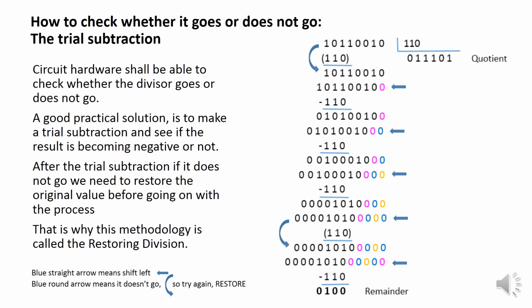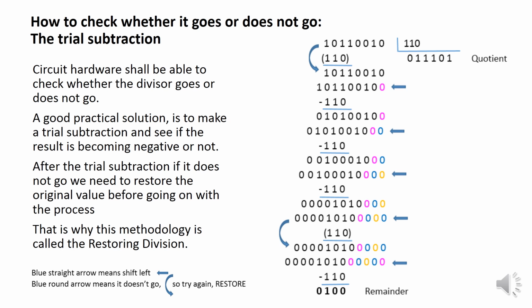So, for the hardware, this is a good practical solution, because it is easy to detect if a number is positive or negative just by checking if the first bit of the result is 0 or 1. If it is 0, the number is positive. If it is 1, it is negative.